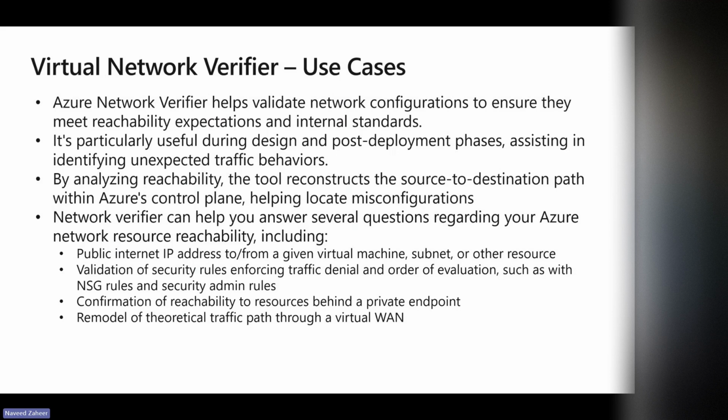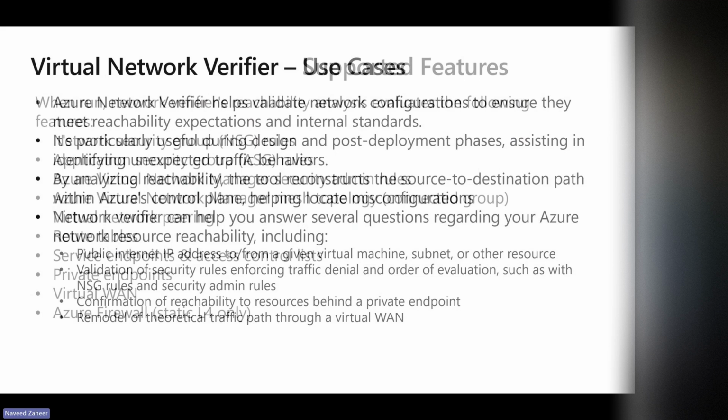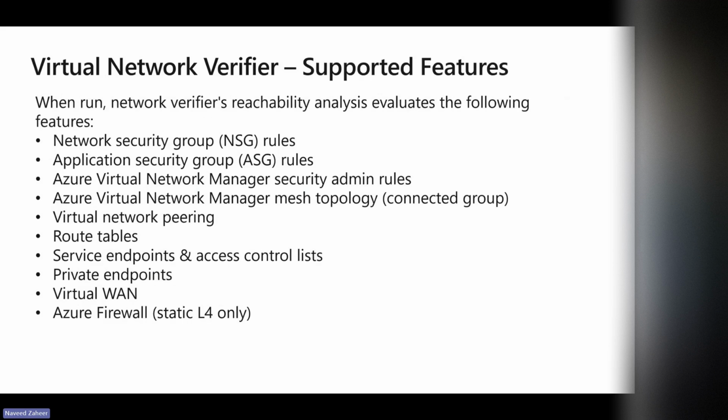Okay, and then you may have some NSG rules, some Azure Virtual Network admin rules, all of these security rules can be there. You can have some VNet peering, you may have vWAN, all of these are covered. So these are supported features.